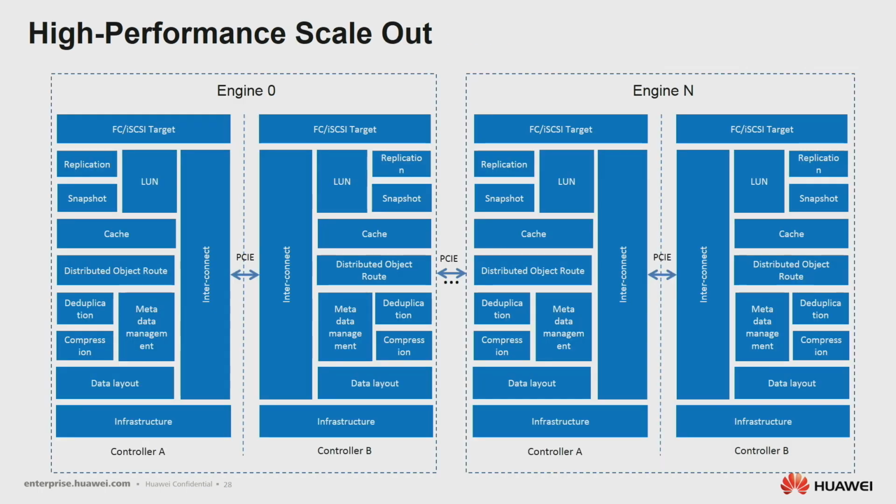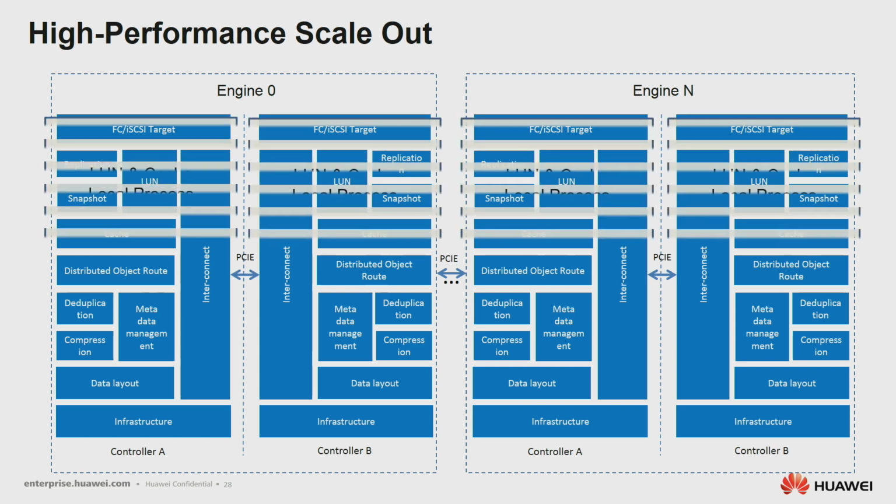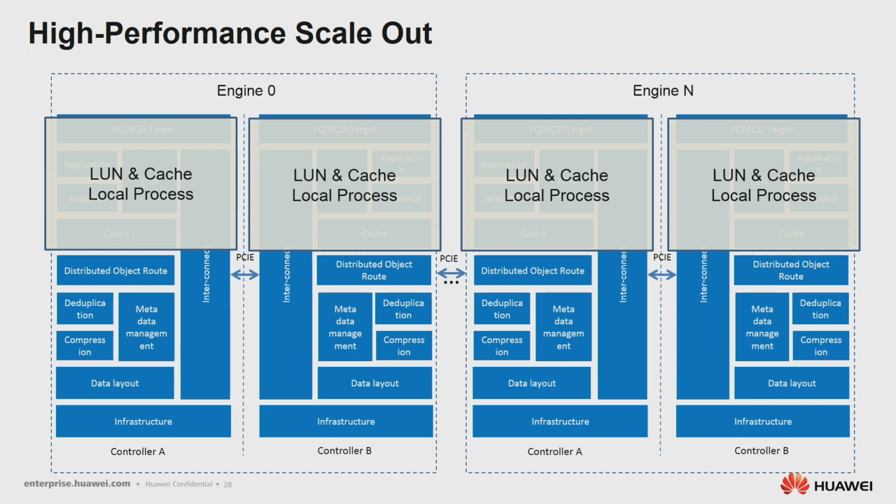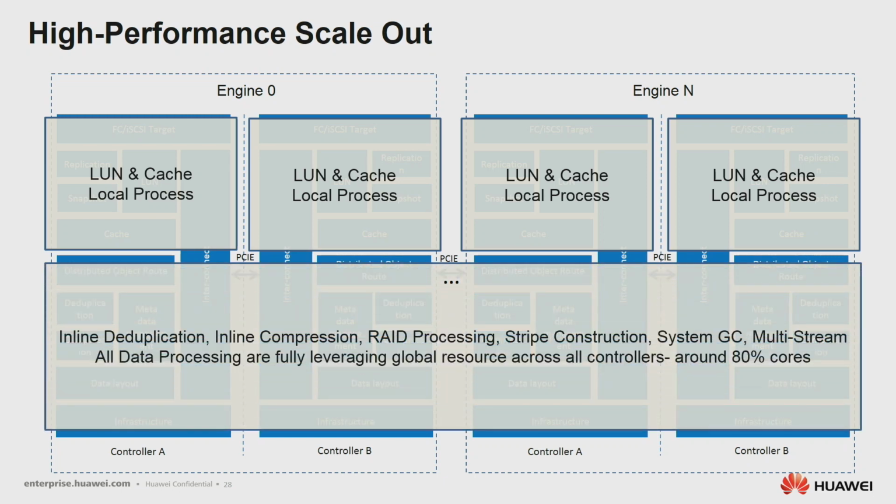We also scale out to achieve high performance. When you look at a particular controller and its resource sharing, these are the non-cache local processes, and they account for about 20% of all the CPUs.